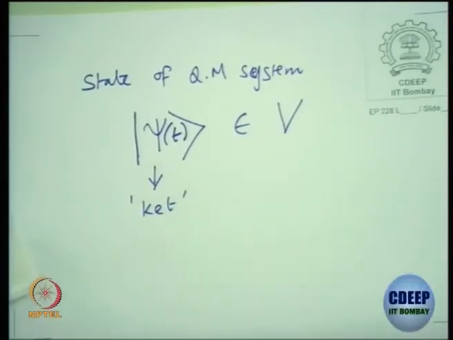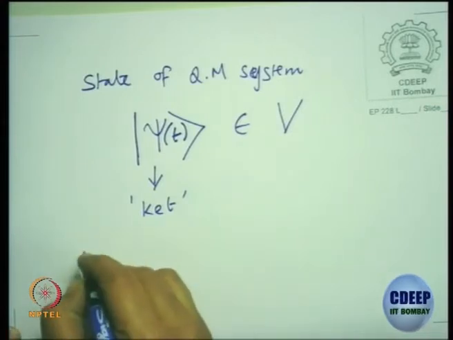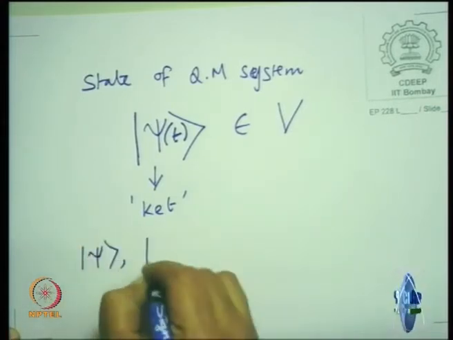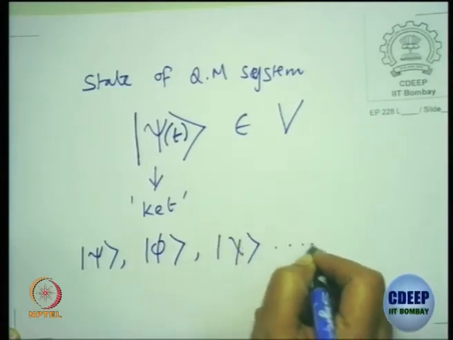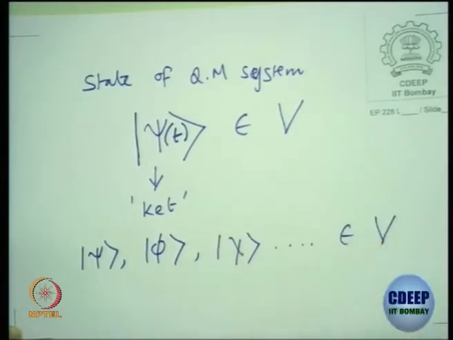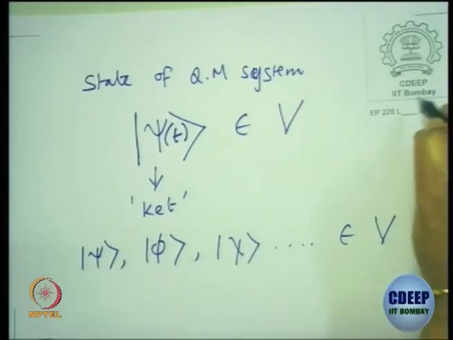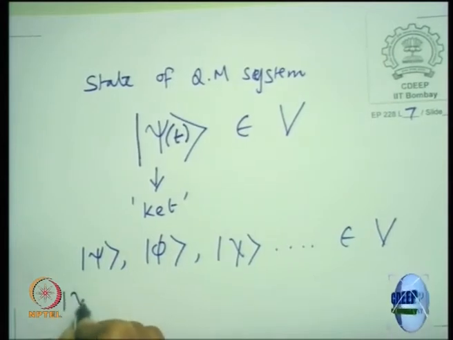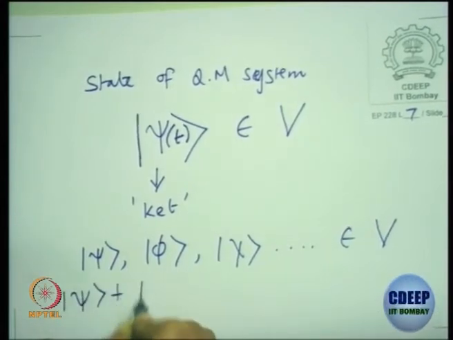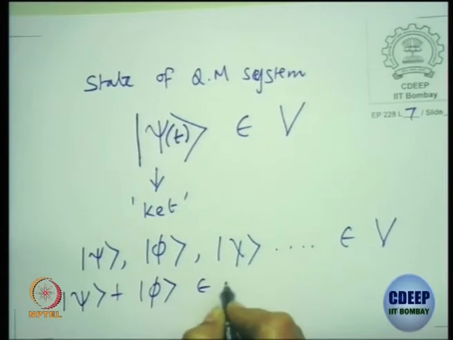So you can write again in this notation, suppose the vector space, if you have psi, phi, I will suppress the time right now, chi, dot dot dot, which are elements of a vector space. And what do you have to do? You have to satisfy those familiar properties which we were studying. What are those properties? Psi plus phi should be an element of V.